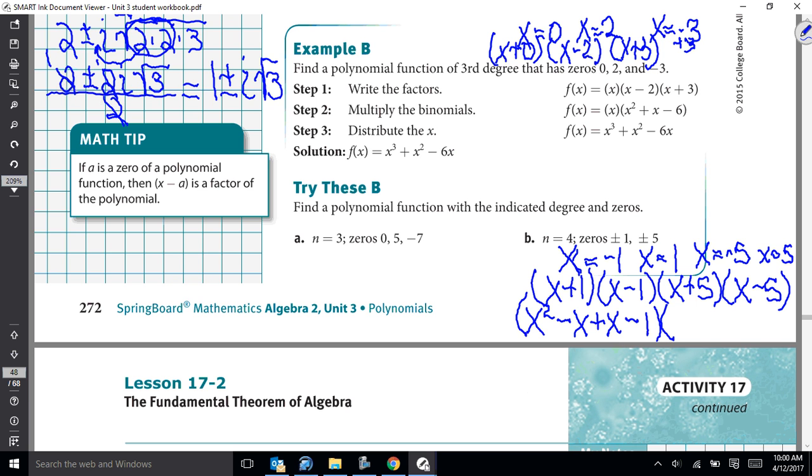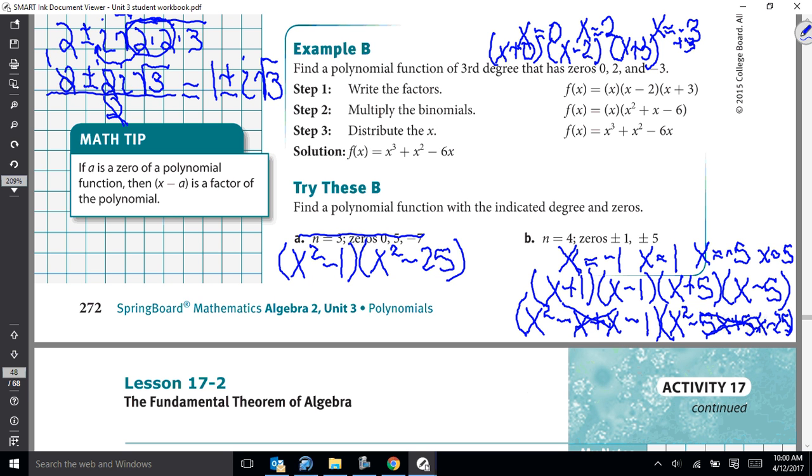Never mind, it was right there. x times x, x squared. -5x, 5x, -25. All right, so simplify. What happens to our negative x and positive x? And our -5, positive 5? x squared. So we have x squared minus 1 and x squared minus 25, perfect.